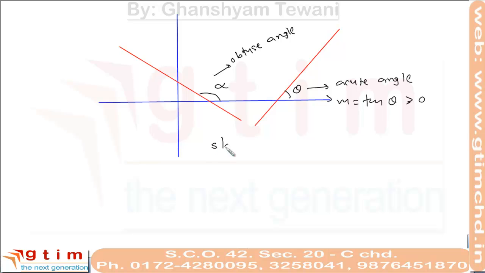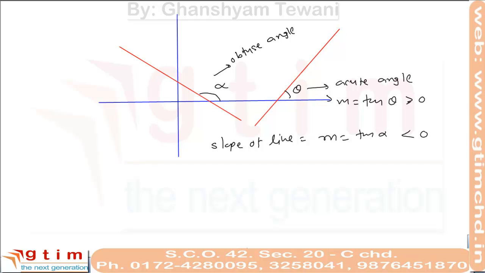Then the slope of the line is equal to tan alpha, and tan alpha is less than 0. We know that for an obtuse angle the value of tan is negative. So slope is negative when the line makes an obtuse angle with the x-axis, and slope is positive when the line makes an acute angle with the x-axis. To get the value of slope, the value of theta varies between 0 to pi.